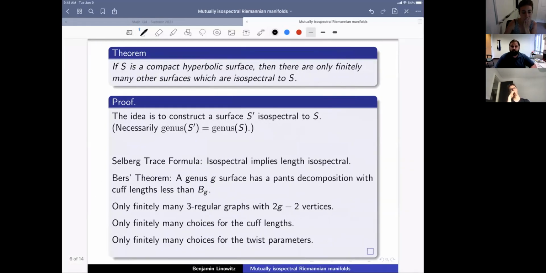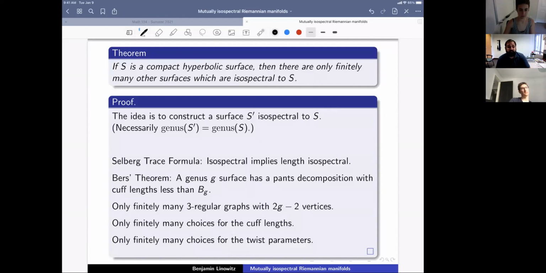Here's a theorem, proven in Buser's book on compact surfaces. It says, if S is a compact hyperbolic surface, there are only finitely many other surfaces which are isospectral to S. I want to sketch the proof of this.